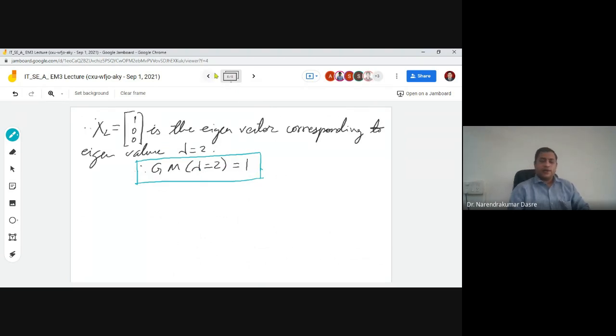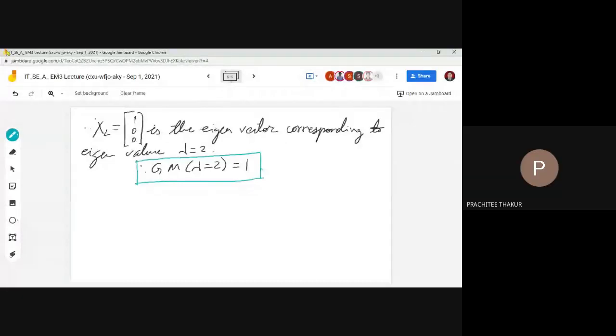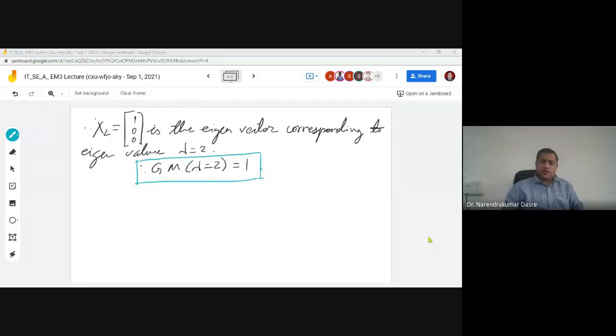So does this satisfy the conditions of diagonalizability? What is the condition for a matrix to be diagonalizable? Is this matrix diagonalizable? No, sir. Algebraic and geometric multiplicity should be the same, and here it is not the same. Yes.